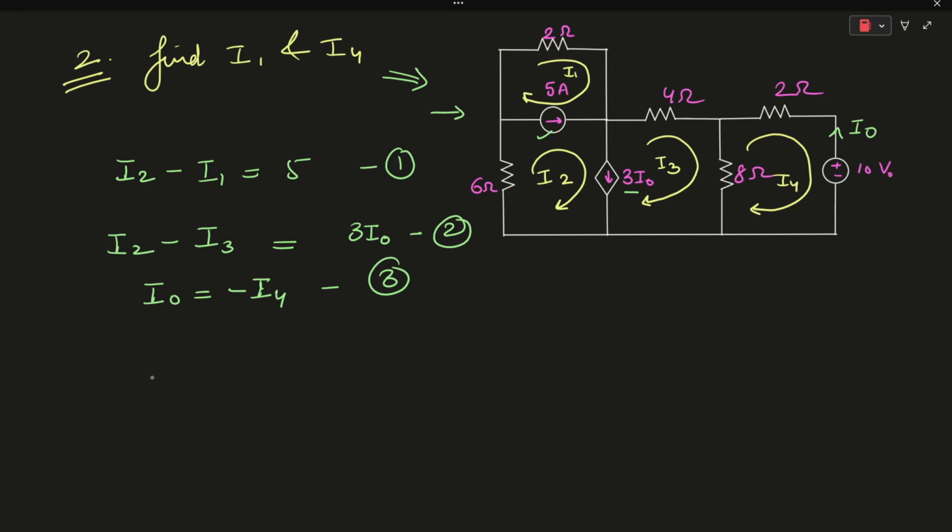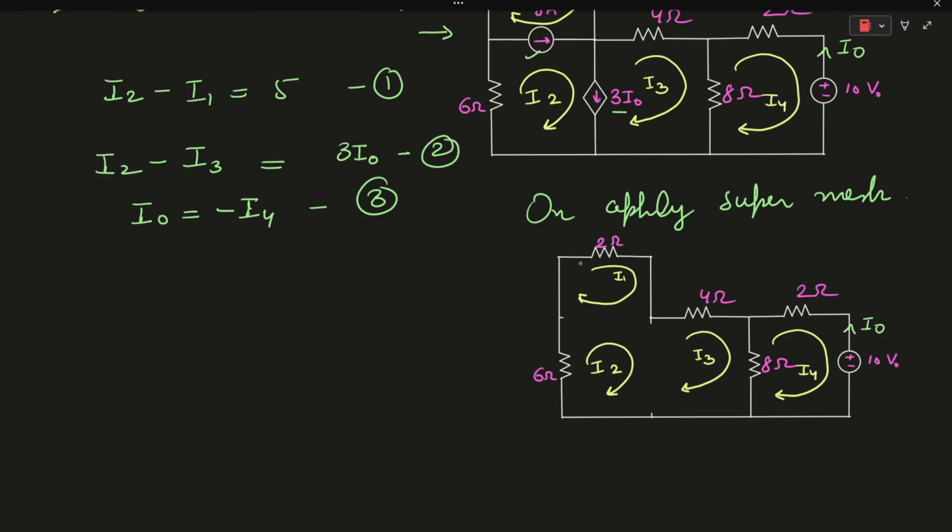Now on applying the supermesh technique, we can exclude these two current sources while applying supermesh. So this will be your supermesh.